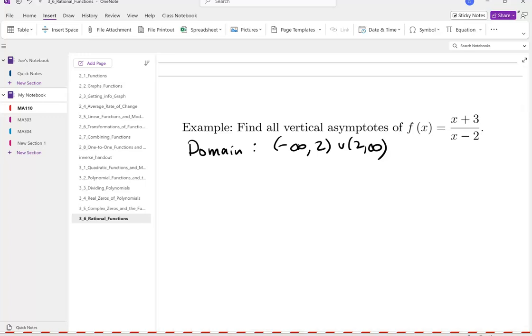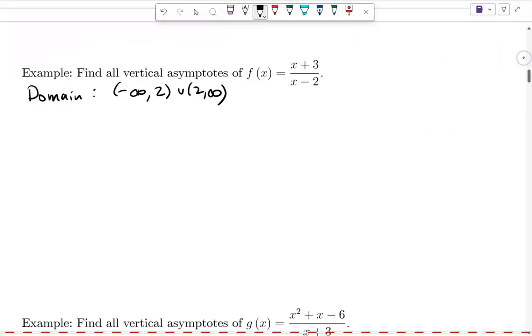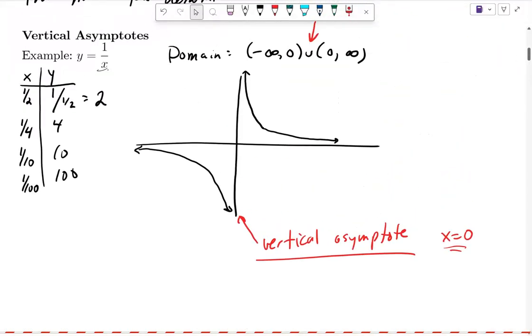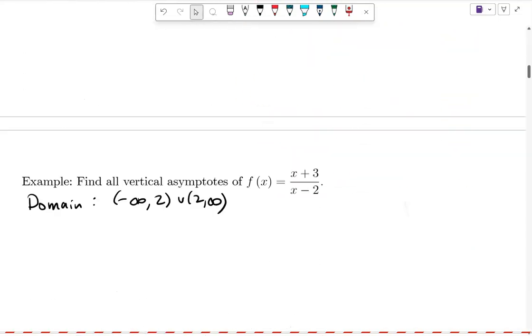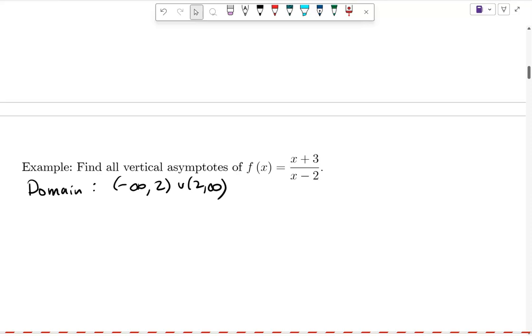Okay. So like in the previous example, what did we do? We put in 1 divided by a half, we got 2, right? But 1 divided by a quarter, we got 4. If there was a 5 on top, would that make much difference?